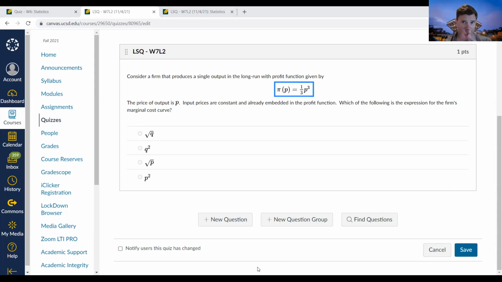So hopefully you remember how we could use Hotelling's lemma to go from the profit function to the supply curve. That's the first thing you have to do here. If you use Hotelling's lemma, it means we're going to take the derivative of the profit function with respect to P. That should give us the supply curve. What does the supply curve have to be in this case?